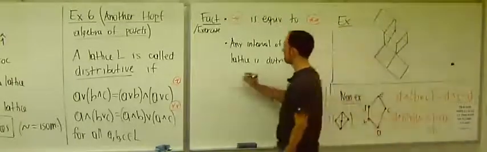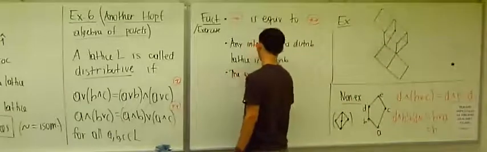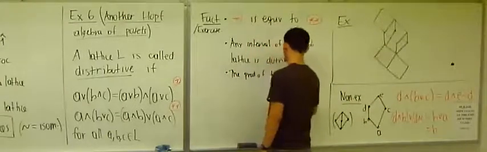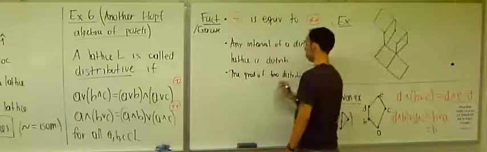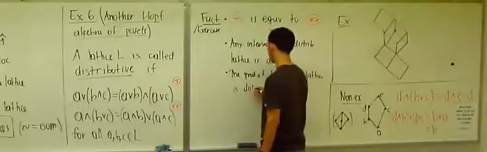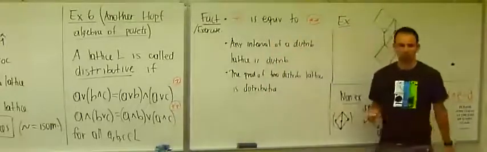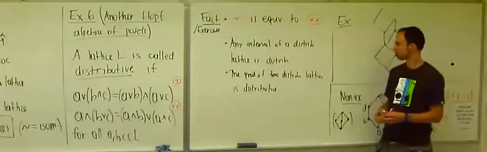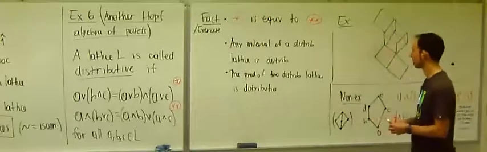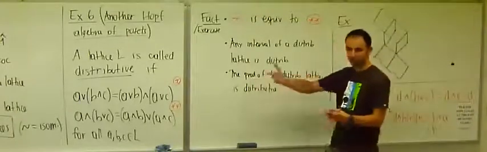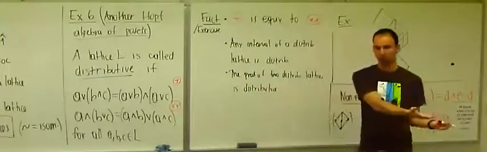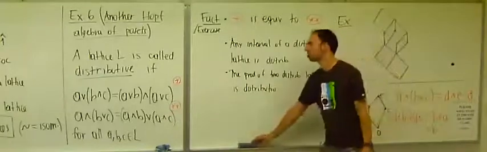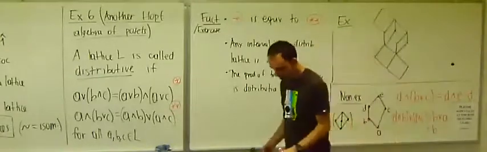Okay? And the product of two distributive lattices is distributive. And again, this follows for free, given that I already wrote down the operations of meet and join in the product. If the two individual lattices are distributive, then when you write down the distributive law for the product, it holds. Okay?